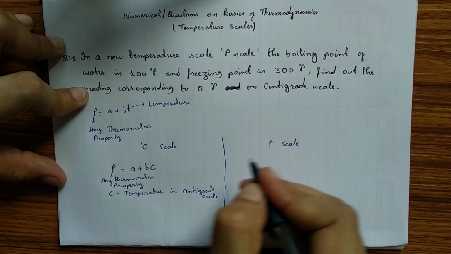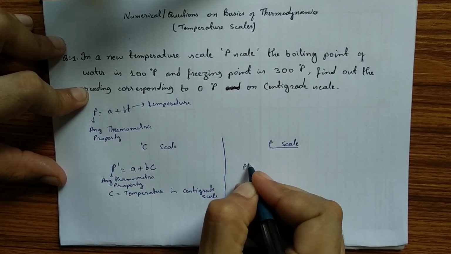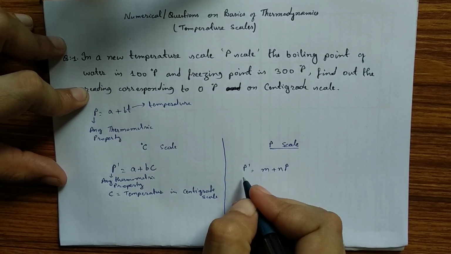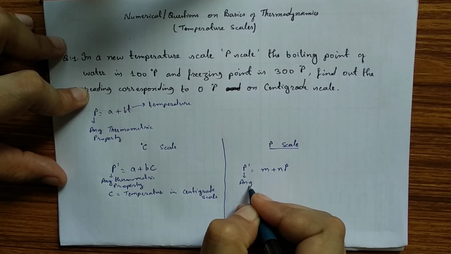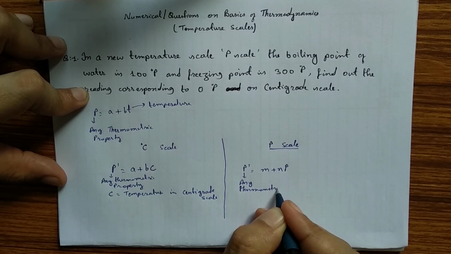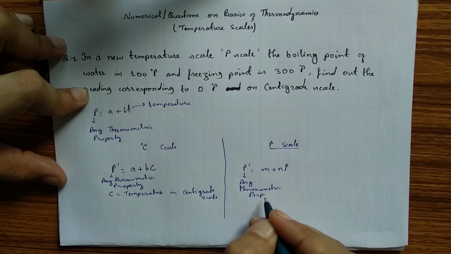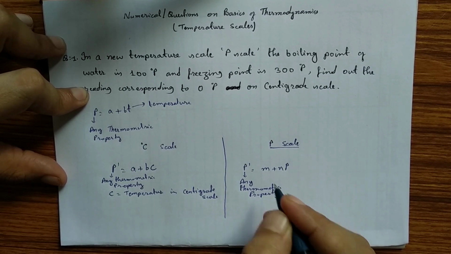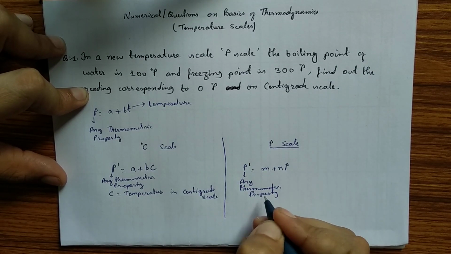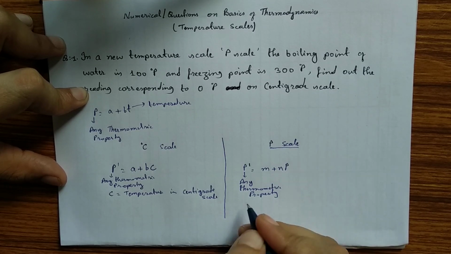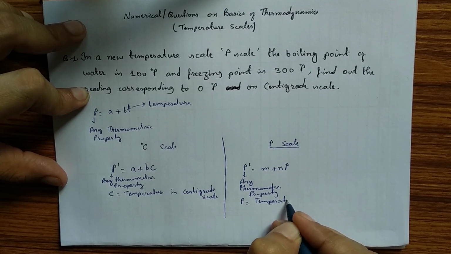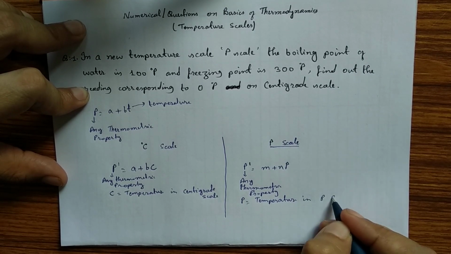In the P scale we can write P dash equals M plus NP, where P dash is any thermometric property, M and N are constants, and P is the temperature in P scale.